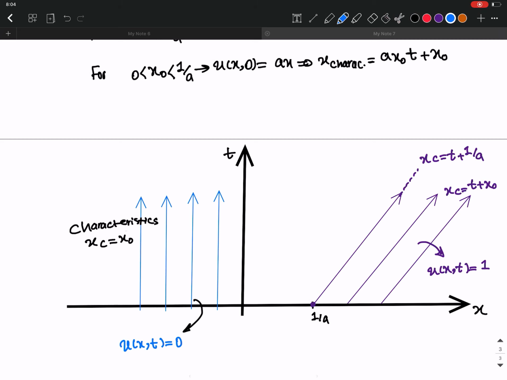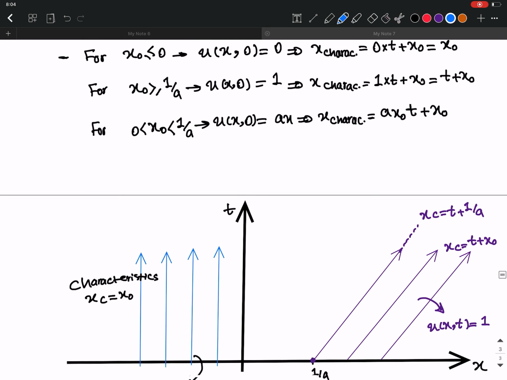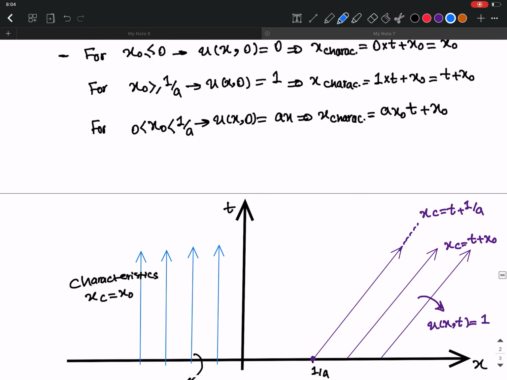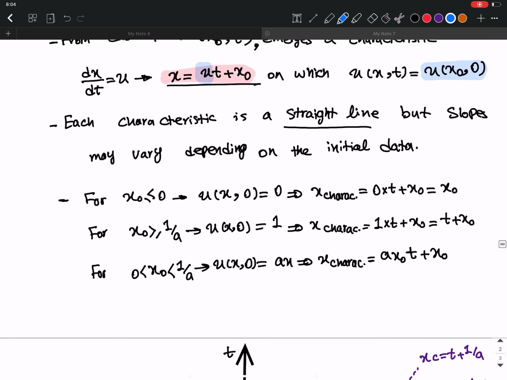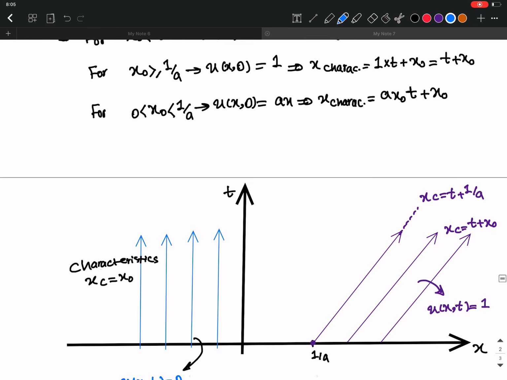Okay, and the third region is in between these two. What's going to happen? We said the characteristic is a straight line, but slopes may vary depending on the initial data. So the slopes here are going to vary, because my slope is ax0, right?